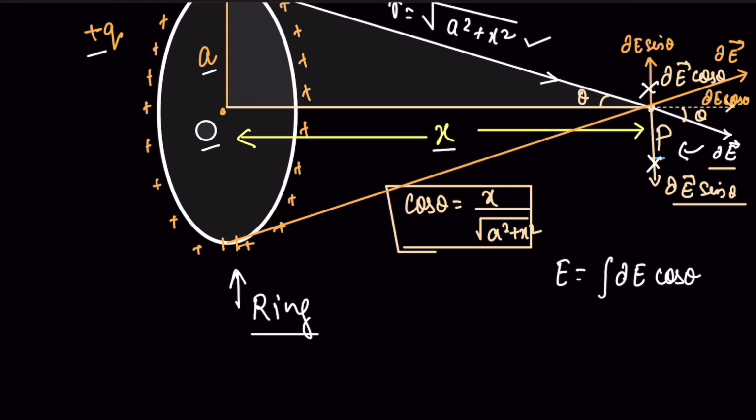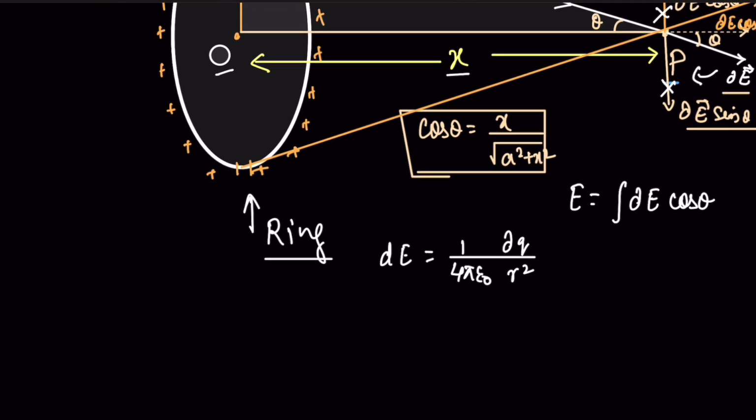The electric field of a point charge is equal to 1 by 4 pi epsilon naught dq by r square. We know the r value is root of a square plus x square. So dE can be written as 1 by 4 pi epsilon naught dq by a square plus x square.